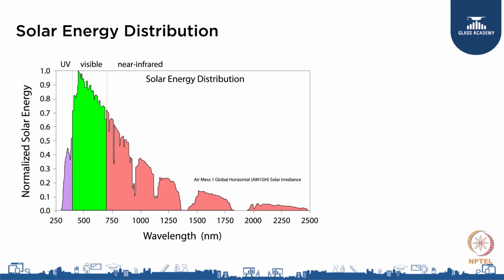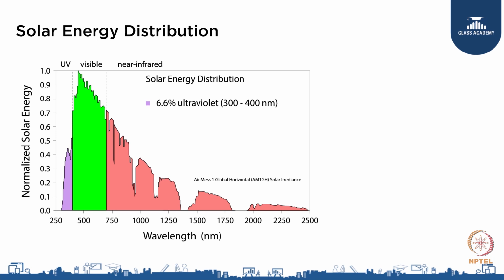Here you see the solar spectrum. You see that it consists of three main regions: the ultraviolet region, the visible region, and the near infrared region. And if you pay attention, you will see that this graph shows you the energy distribution in these three regions.